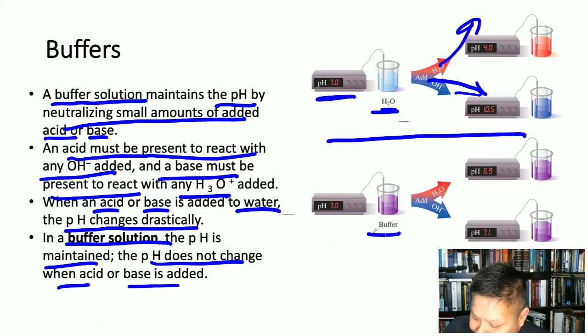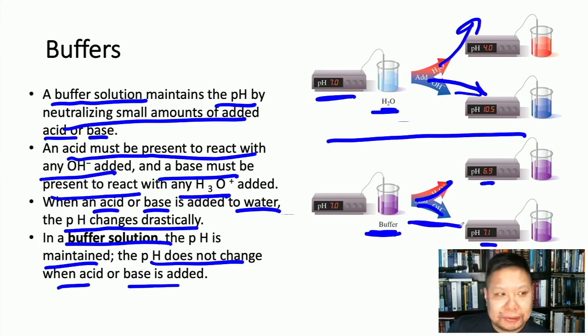But if you had a buffer solution and you added in some acid or some base, you see very little change, right? You go from 7 to 6.9 when you add acid, or from 7 to 7.1 when you add a base, right? And that is the beauty of buffers.